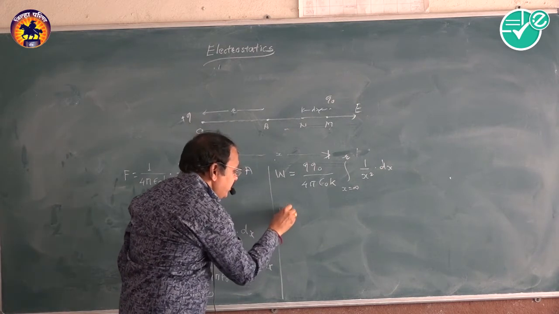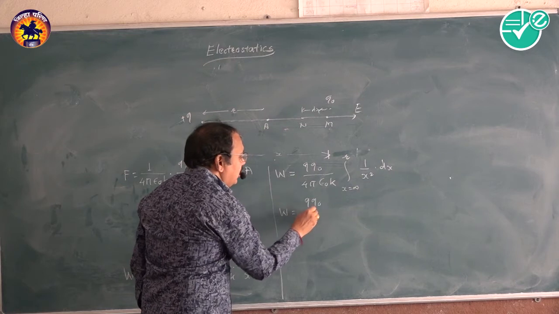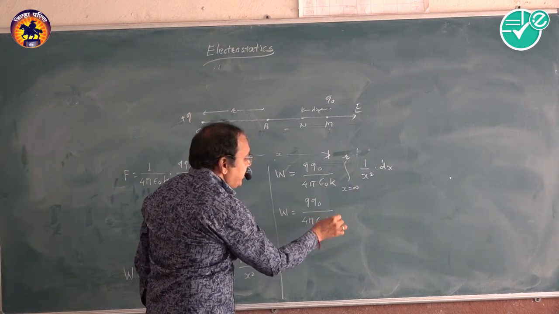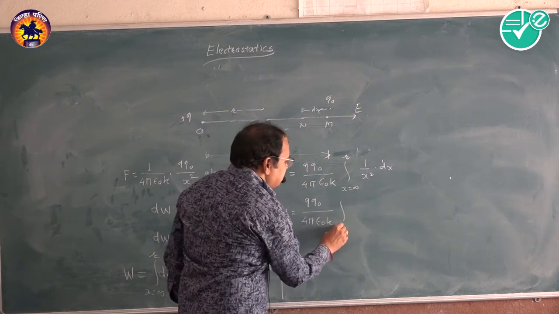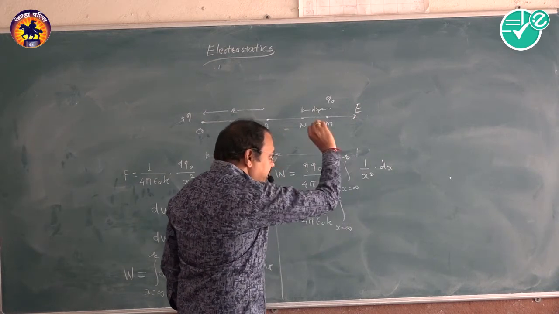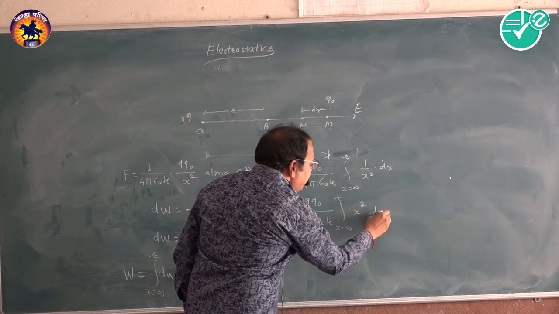Again, total work done W equals q naught divided by 4 pi epsilon 0 k times the integration from infinity to R of x raised to minus 2 into dx.